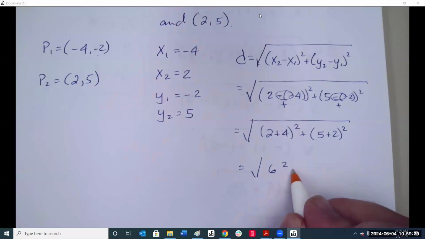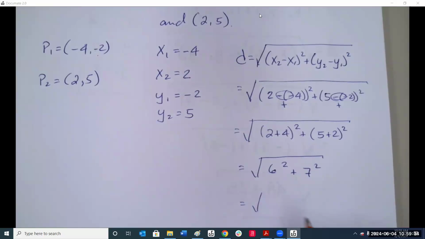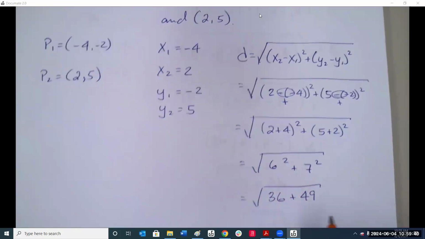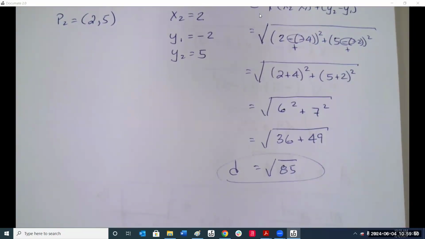So we have 6 squared plus 7 squared. 36 plus 49. Square root of 85. All it is, is plug and play. There's not much more to it. Any questions about the equation?